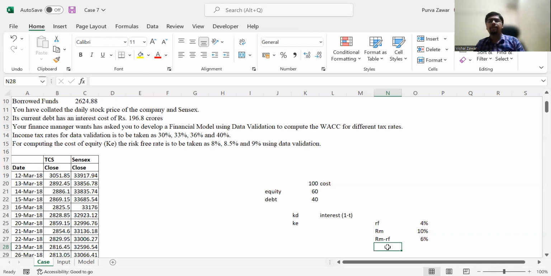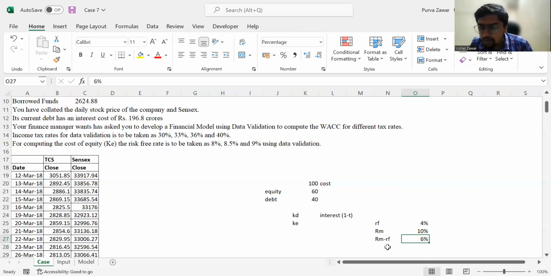But if they are coming to your company, of course, they would be expecting returns basis your company in the market. If your company is more risky than the market, and when I say market, that means the index, then they will be expecting more than 6% extra returns.